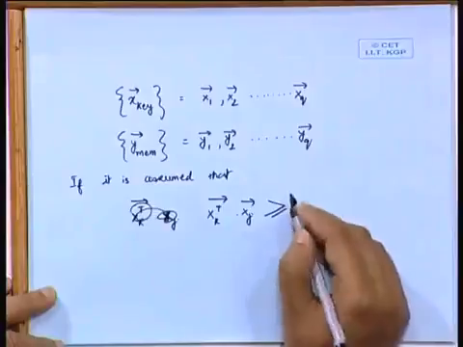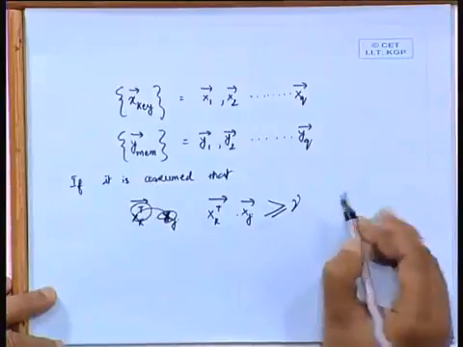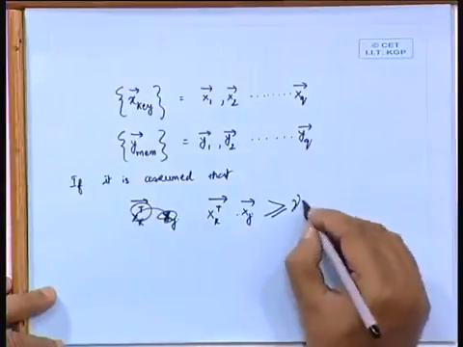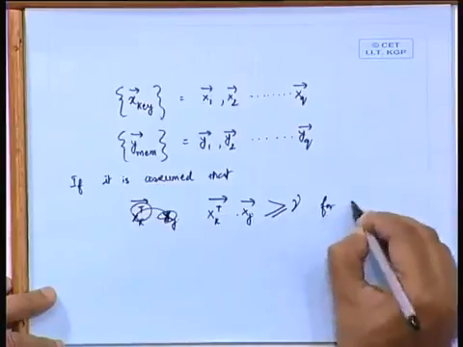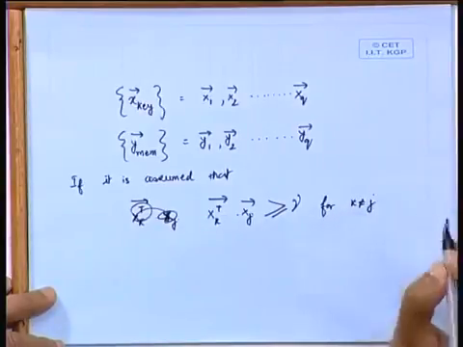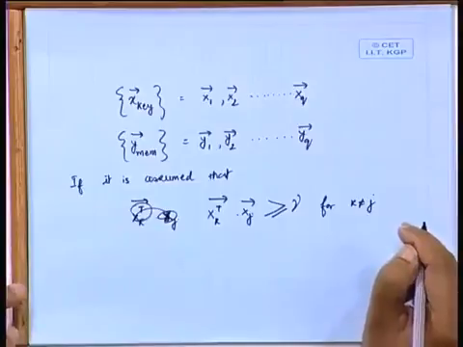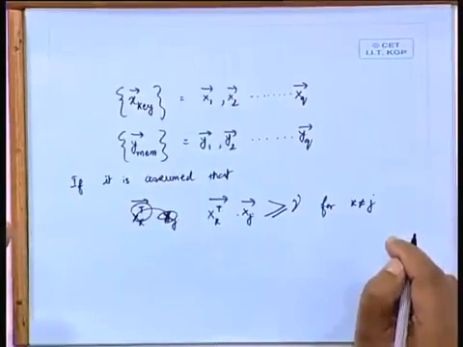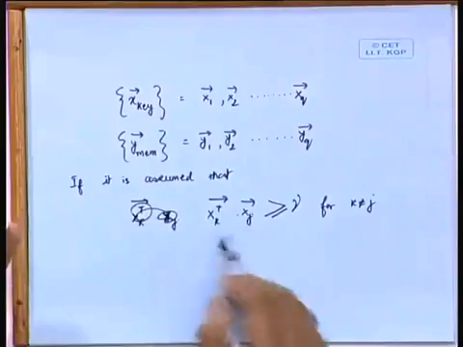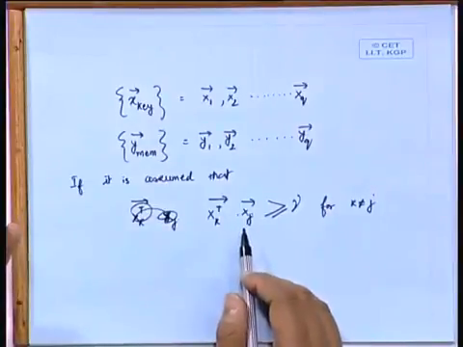But if we now say that this is greater than or equal to some gamma, for k not equal to j, what is gamma? Gamma is the lower bound on this product xk transpose xj.